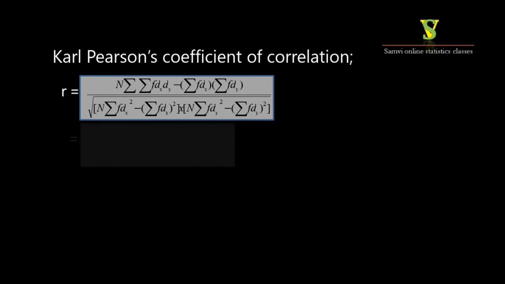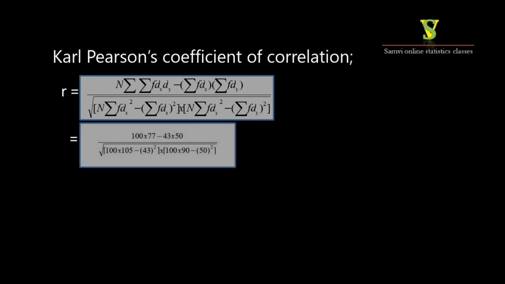Just substitute the values here. So if you substitute, we'll get like this: 100 into 77 minus 43 into 50, divided by square root of 100 into 105 minus 43 square, into 100 into 90 minus 50 whole bracket square.